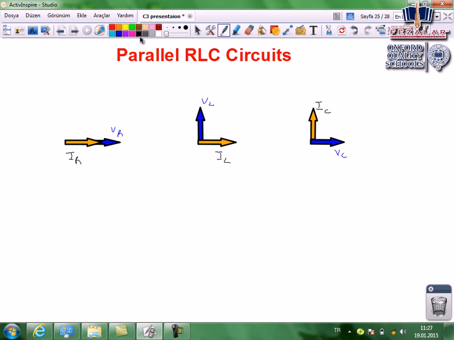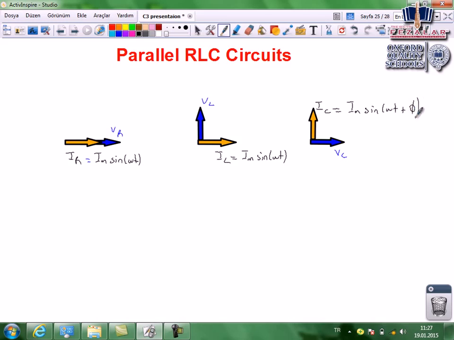When we write the formula of IR, remember, IR equals Im sine omega t, and IL equals Im sine omega t, and IC, as you remember, is on my axis, it has greater phi, so Im sine omega t plus phi.